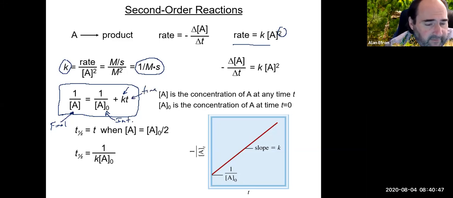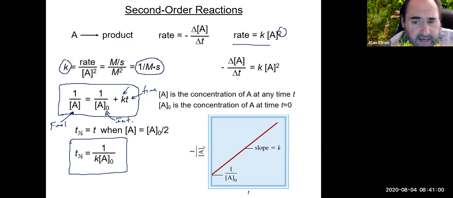Now, also different is that if you substitute in 1 over A initial divided by 2, we get a half-life equation for a second order reaction. And it is different from the first order one. It is 1 over K times the initial concentration.